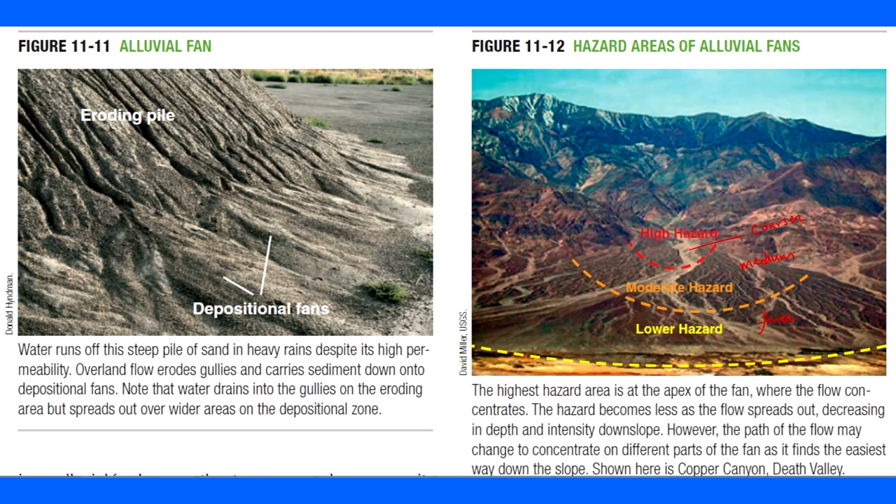As you move from the proximal end to the distal end, this is your proximal part, and this will be your distal part. Okay. So, if you move from proximal to distal, you will find there is a change in the grain size from coarser to finer, and that is why the hazard has been marked here, that close to the proximal part you will have higher hazard. Okay. So, we will stop here and continue in the next lecture.